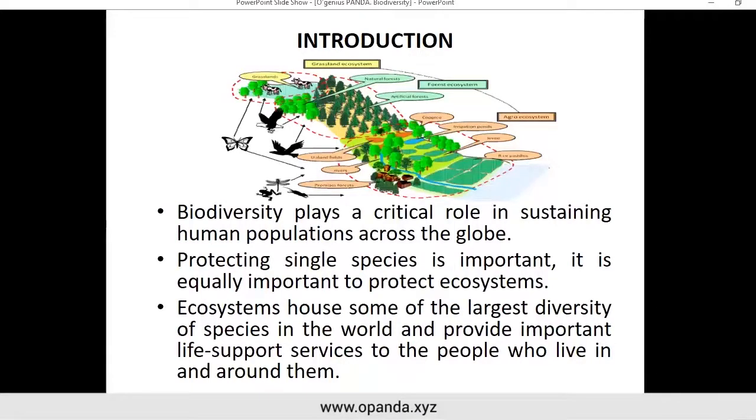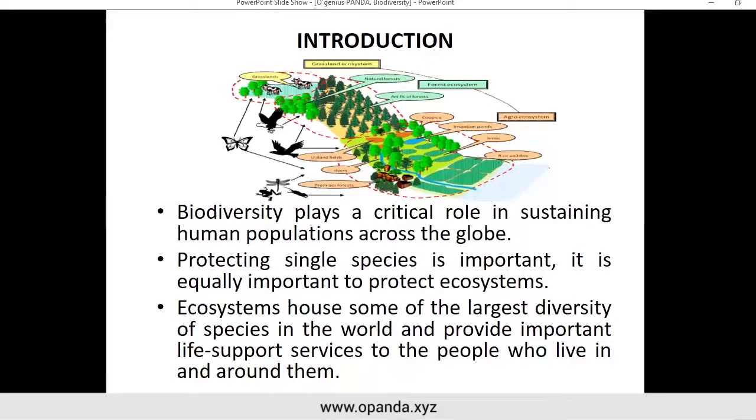Ecosystems house the largest diversity of species in the world, but also provide life support services. Life support services, we can talk about rainfall. All of us know the role of rainfall.